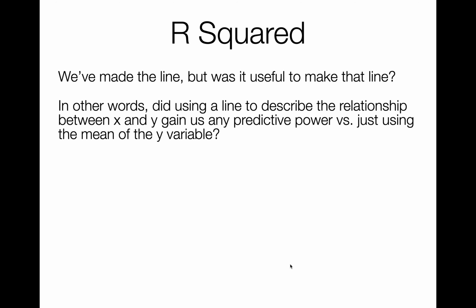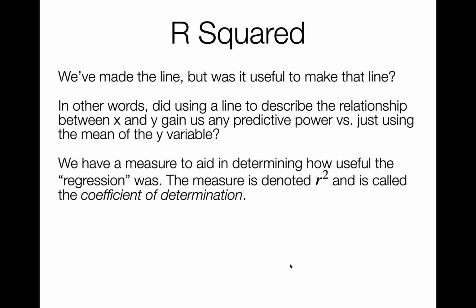If there actually is a relationship, that's going to make my predictions better than just guessing the average height of people. But if it isn't much better, then why do I do it? Why don't I just use the mean of y? So I can measure how much it helped.